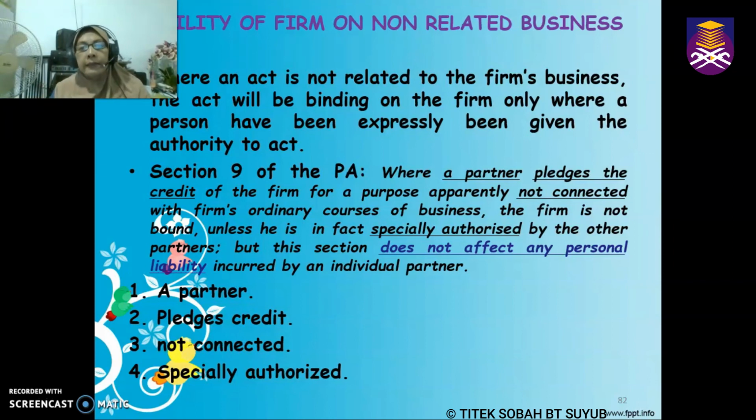However, anything to do with personal liability, let's say the transaction entered by the partner is actually his personal transaction, for example he entered into an agreement to buy an expensive car for his own use, then under that situation the firm cannot be held liable because this is a personal liability.